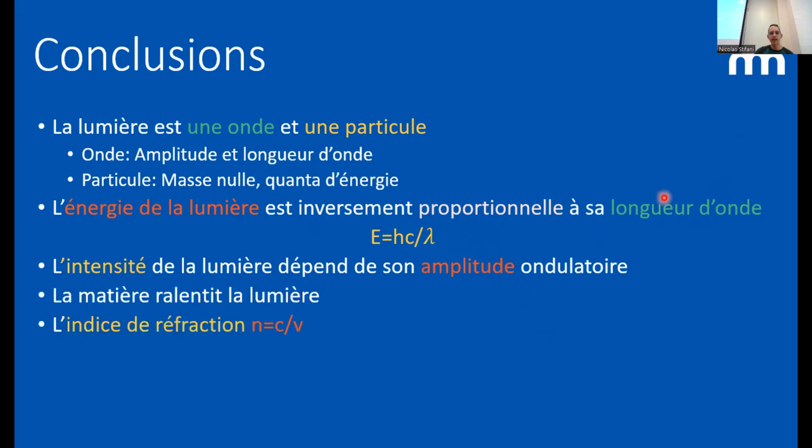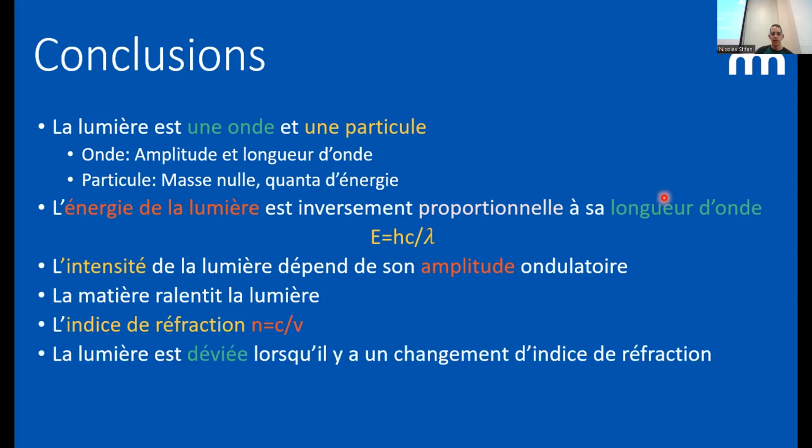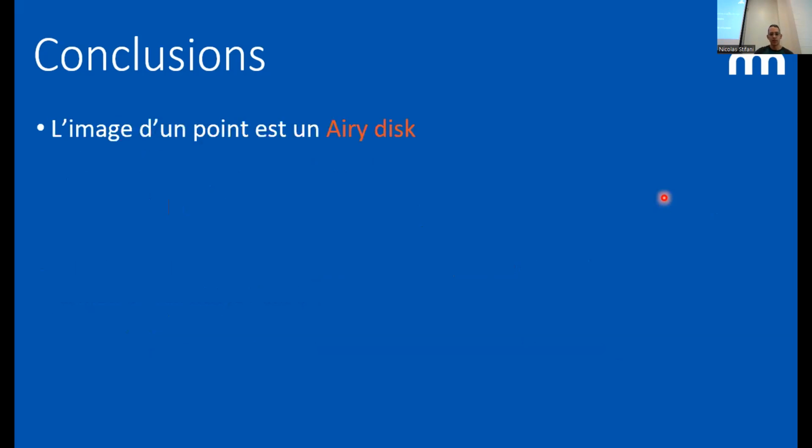Matter slows down light, and the refractive index describes how much matter slows down the light. Light is deviated by matter, and this is based on the index of refraction. This deviation also depends on the wavelength, which is a bit of a hassle in microscopy.